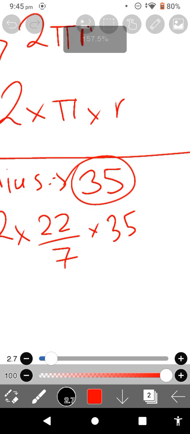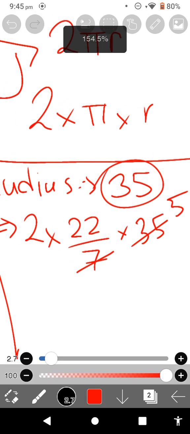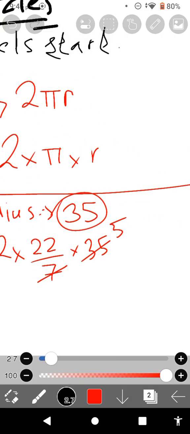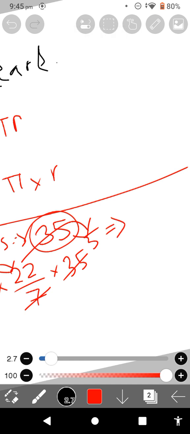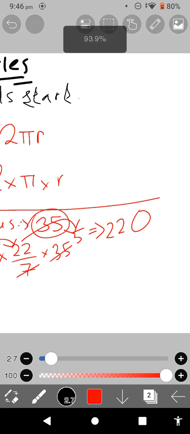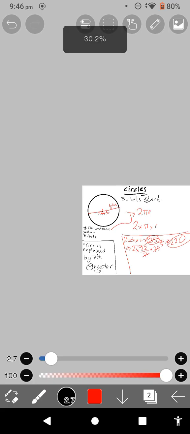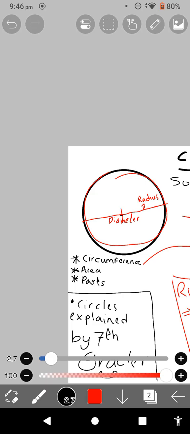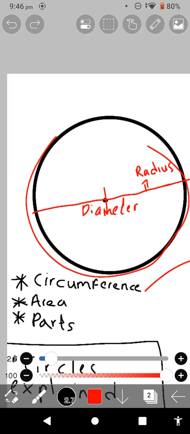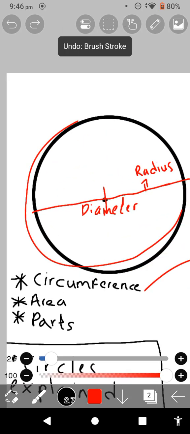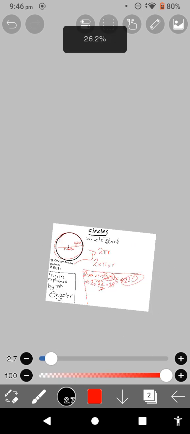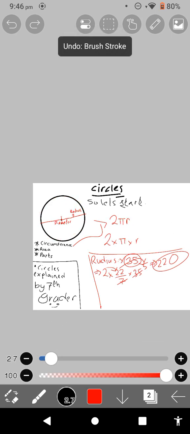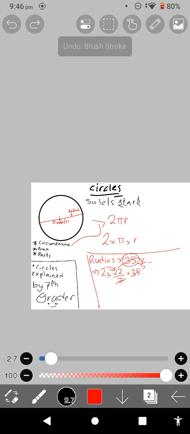Then we simply multiply it, cut it, it comes to 5, and then multiplying gives 220. So the circumference is this part of the circle, like the perimeter of the circle, as we know perimeter. And yes, that is the circumference of the circle.